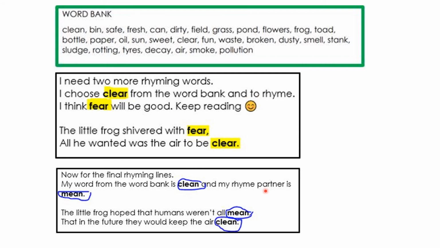My word from the word bank is clean, and I just rhymed it. So my final 2 lines, the little frog hoped that the humans weren't all mean, that in the future they would keep the air clean. So I've done that. That took me about 3 minutes to talk you through it, and it probably took me double to come up with my little rhyme.